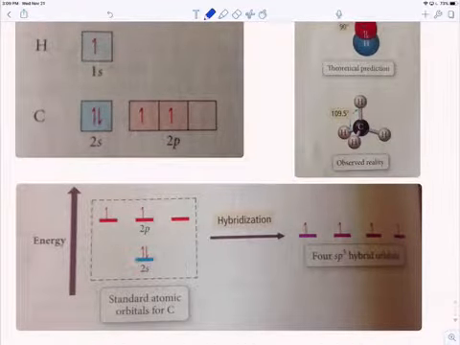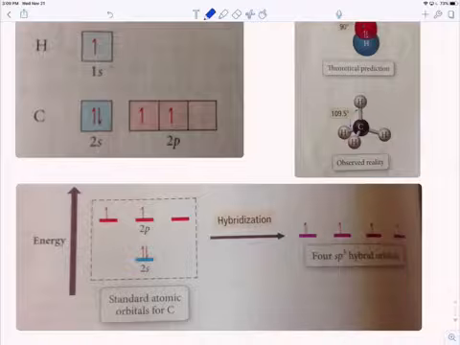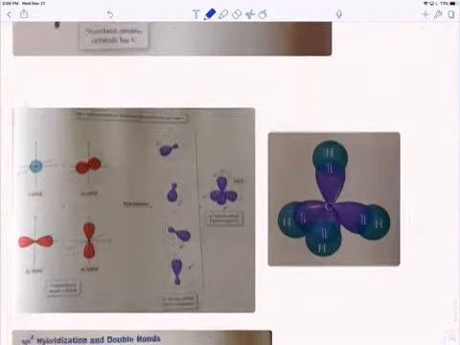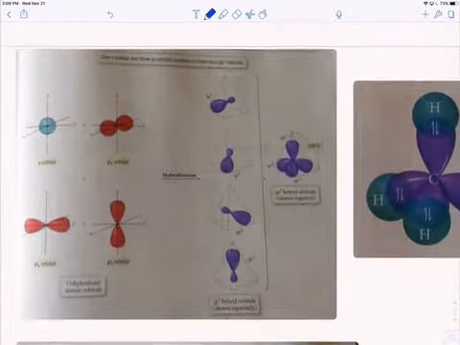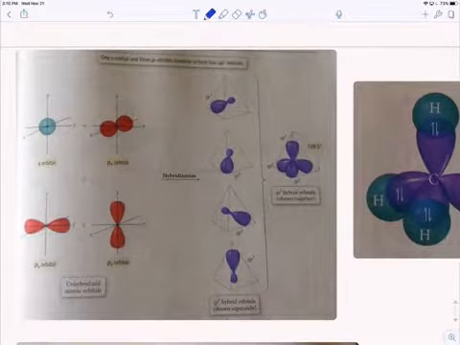So these 4 atomic orbitals, the 3 2p orbitals and 1 2s orbital, hybridize to form 4 sp3 hybridized orbitals. And the idea is that these hybridized orbitals then form the tetrahedral electronic geometry.